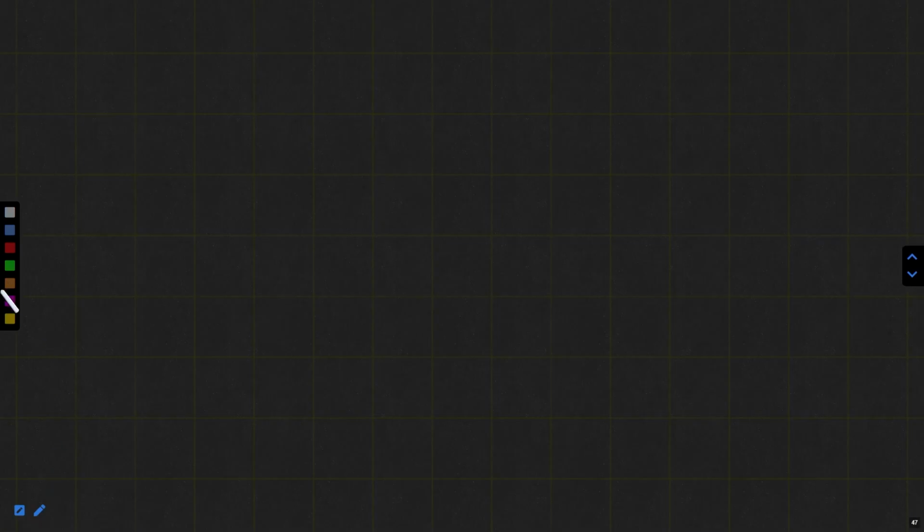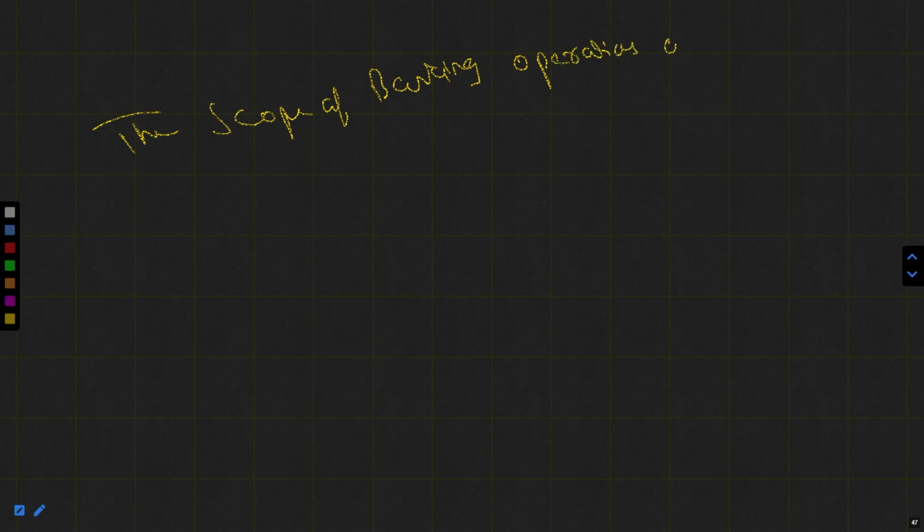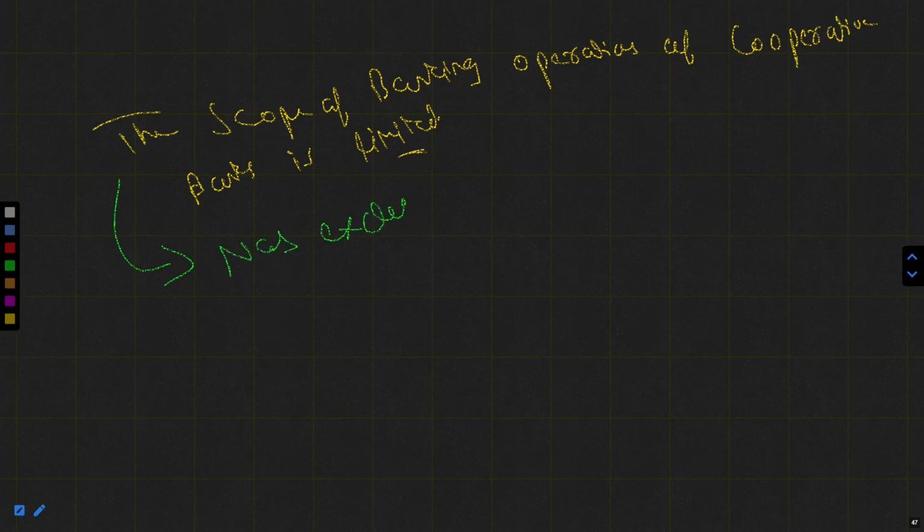The first thing you have to understand is that the scope of banking operations of cooperative banks is limited, because the cooperative bank has services exclusively for its members. That's why their scope is very limited.